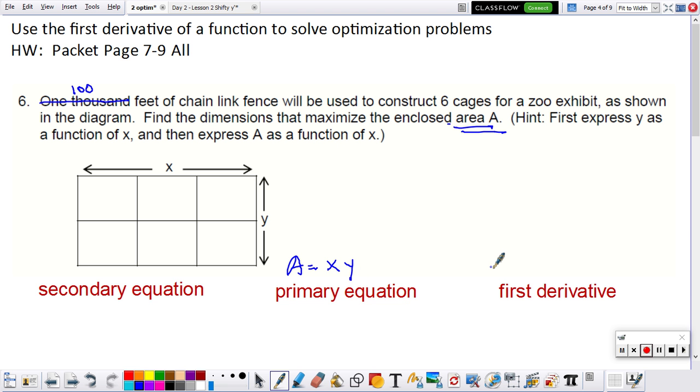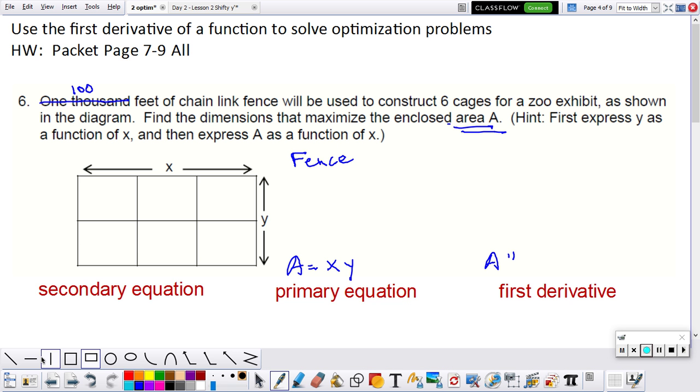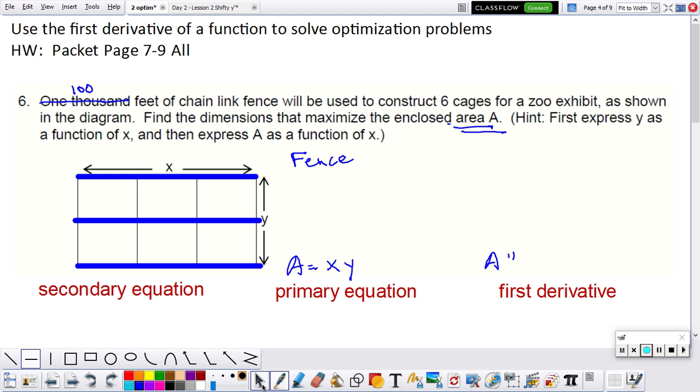So my first derivative is going to end up being A prime. Problem is I really can't have it like this. So what I'm going to do is I'm going to add up all my fence. So if we have X is this length, we have 1, 2, 3 X's we're using for our fence.